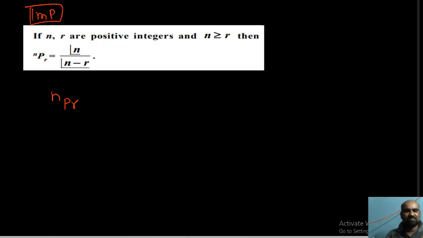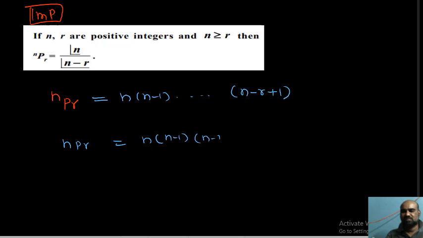nPr equals n into n minus 1 into, dot, up to n minus r plus 1. That's all. To get the result, I am dividing the numerator and denominator of the RHS by n minus r factorial, into n minus r factorial by n minus r factorial.